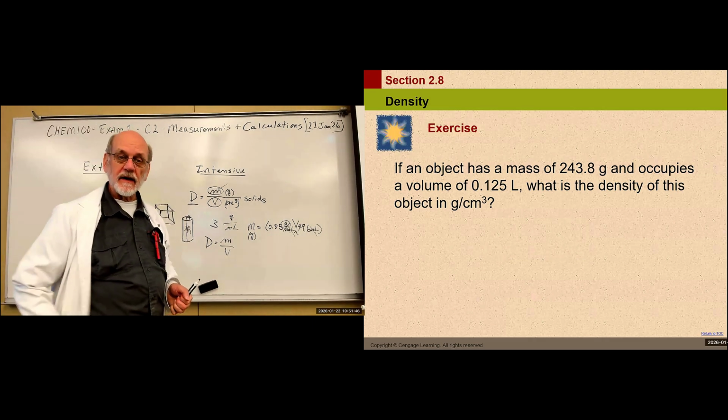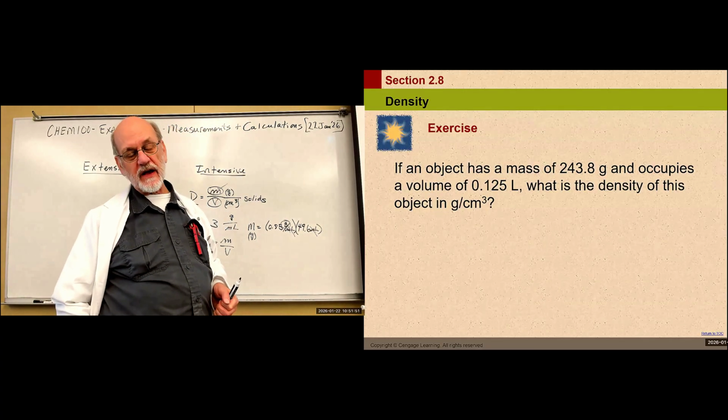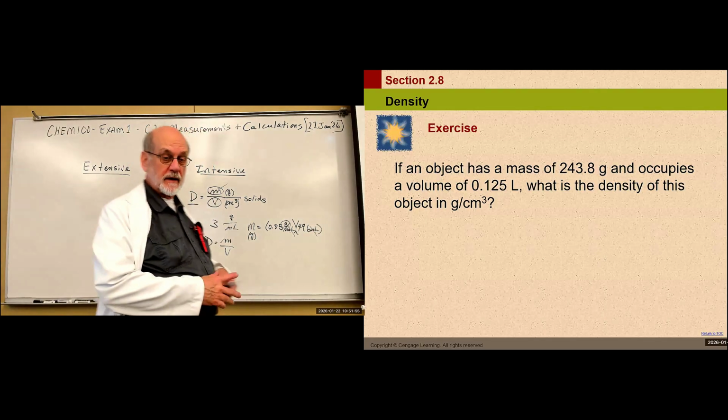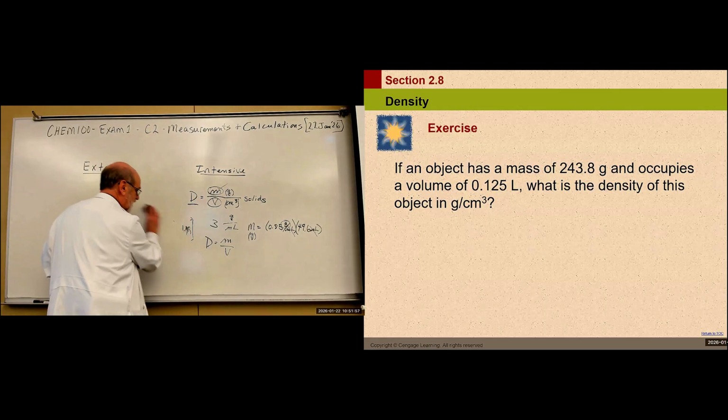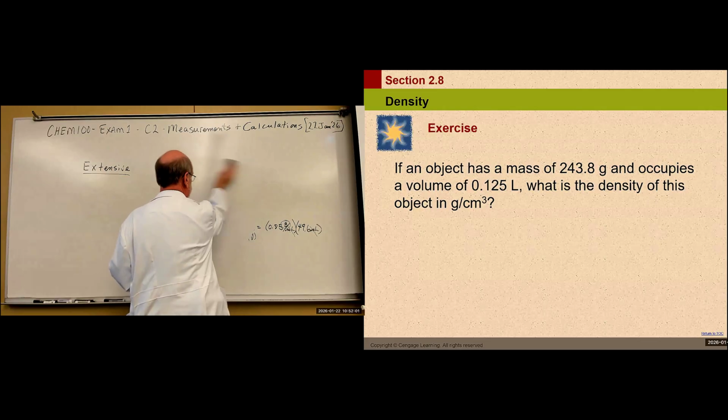Now, if we have an object with a mass of 243.8 grams and it occupies 0.125 liters, what's the density in grams per cubic centimeter? All right, so here we have to pay attention to the dimensions. Dimensional analysis.